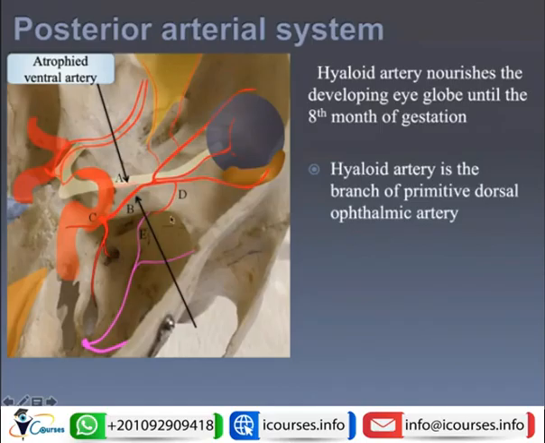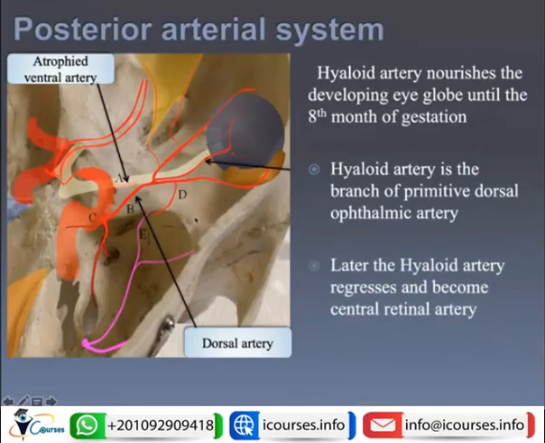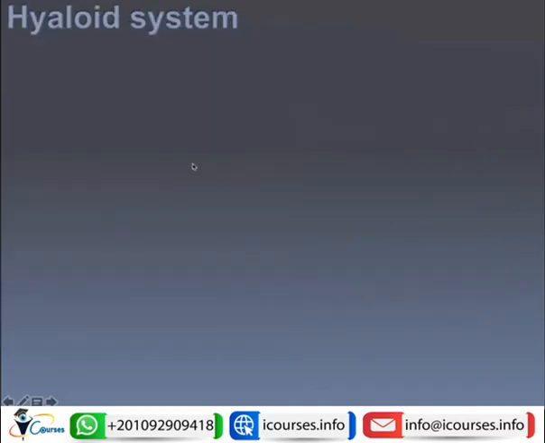This is the atrophied ventral artery, and this is the dorsal ophthalmic artery that will give an artery that will enter within the optic nerve and enter the eye to supply the posterior segment of the eye. So this is called the hyaloid artery. The hyaloid artery will regress in the vitreous later on and will disappear, leaving the canal of Cloquet, and the part of the hyaloid artery within the optic nerve will persist as the central retinal artery.